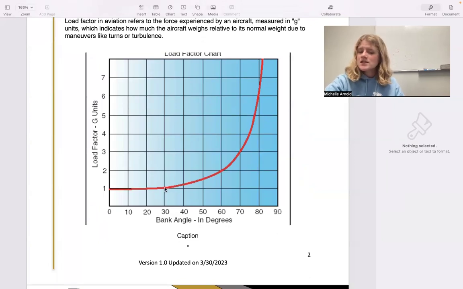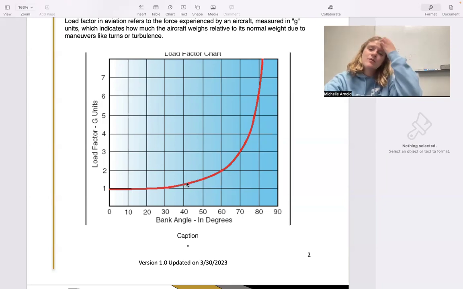We don't normally experience that G force, that feeling of being pushed back into the plane a ton, in these aircraft, because your normal load factor is 1 and it doesn't start rising until you get to more than 30 degrees of bank, which we don't do in our normal flight. But after 30 degrees of bank, it exponentially increases.